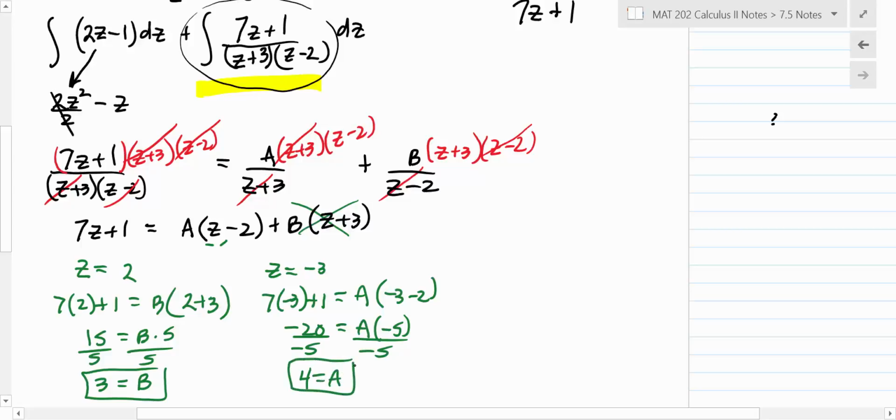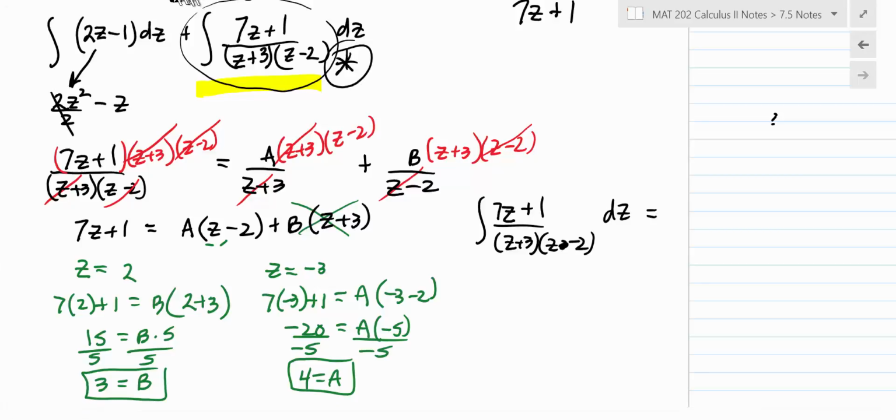All right, so now let's put the integral together. Remember, we're working on this integral right here. So what we're going to end up having is the integral of 7z plus 1 over z plus 3 times z minus 2 dz is going to be this. If you look at the split up, it goes right there, what I just highlighted.